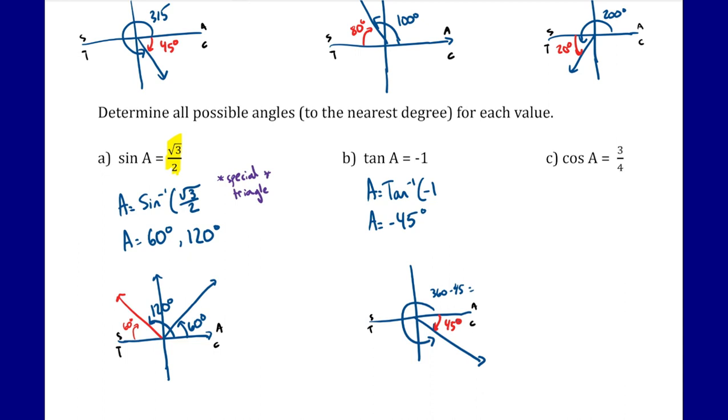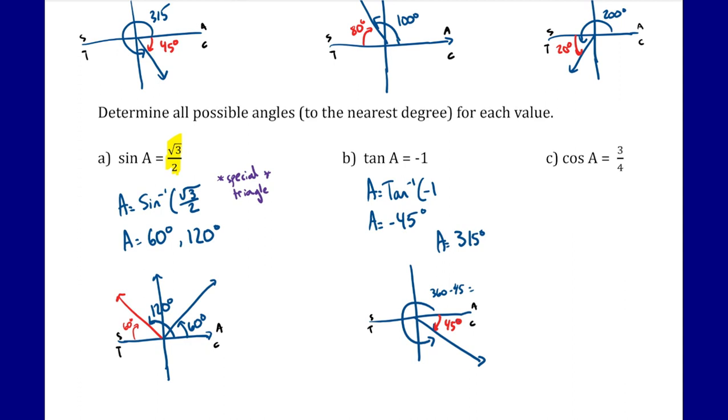So that means we could do tan of -45, but we can also say A is equal to 315 degrees. That's our first angle. We don't really use the -45 degrees, but we have our first angle here.